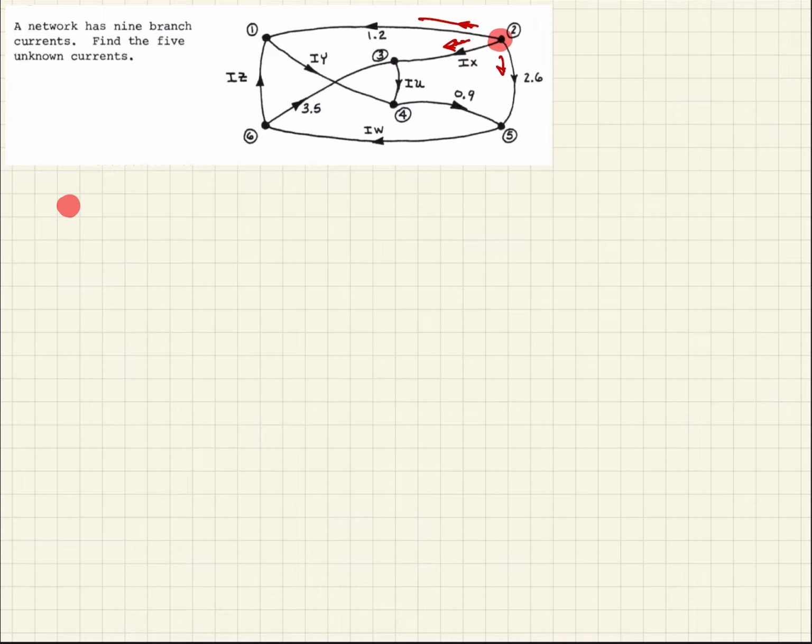So we can see in this branch here, we've got 1.2. In this branch here, leaving, we've got 2.6, and then here we've got I sub x, and this should all equal 0. When we solve this for I sub x, we just subtract 1.2 and 2.6 from each side, and we come up with Ix is equal to negative 3.8 amps.